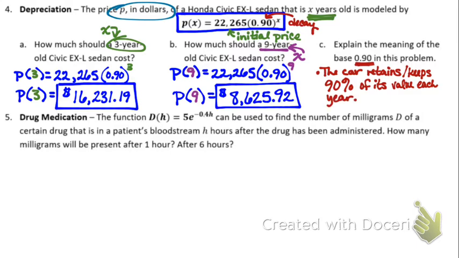So if it is keeping 90% of its value each year, how much is it losing? Keeps 90%, so it loses 10% of its value each year.